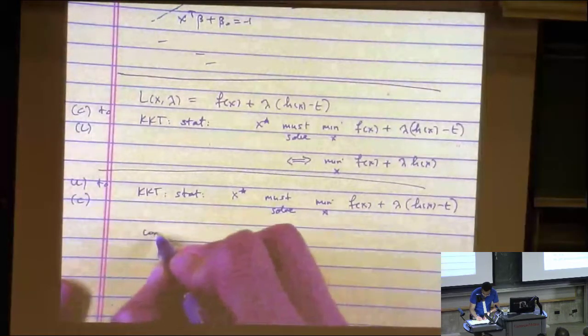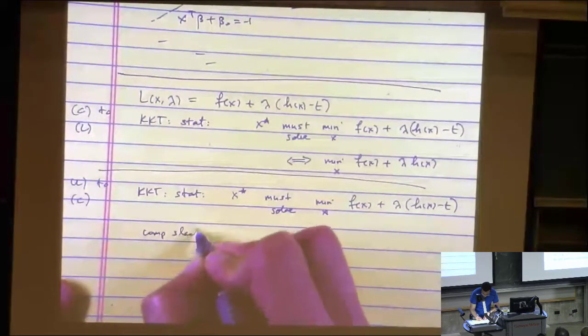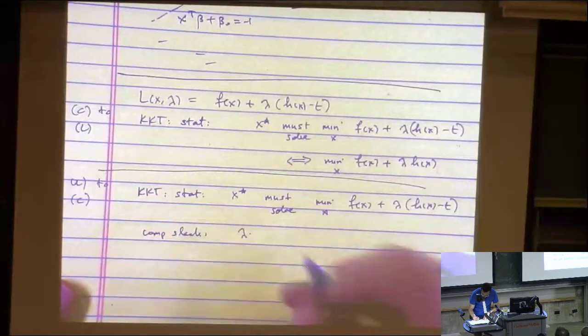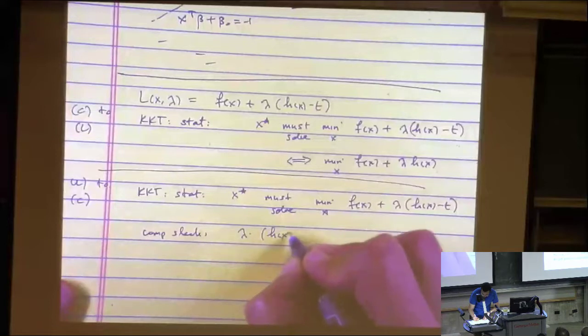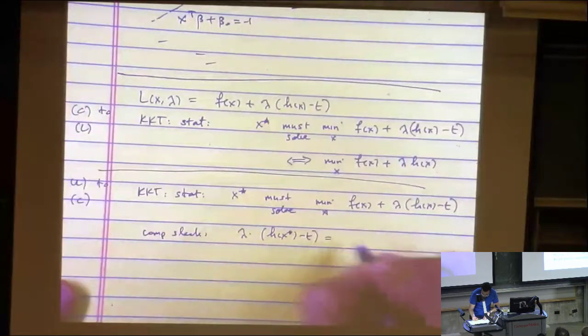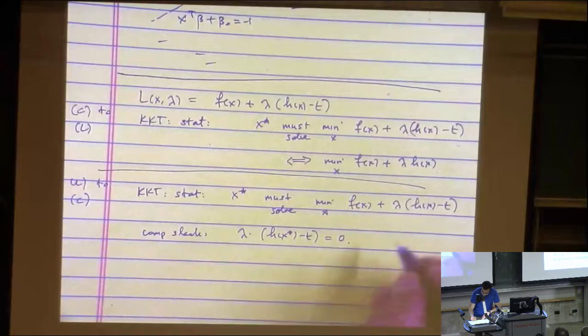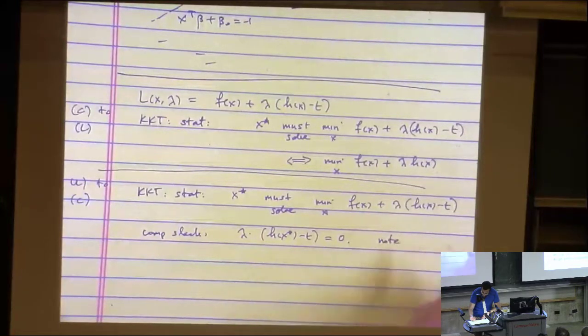Complementary slackness. Well, we must have lambda times h of x star minus t being equal to 0. So we haven't figured out what the t should be in the constrained form problem yet, but note this is satisfied by just taking t to be equal to h of x star.